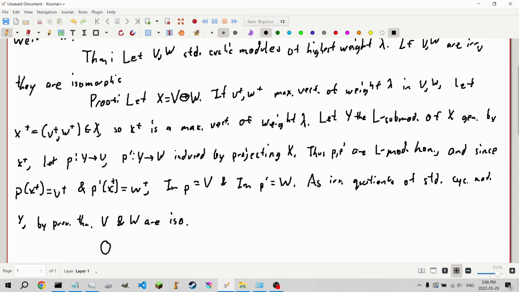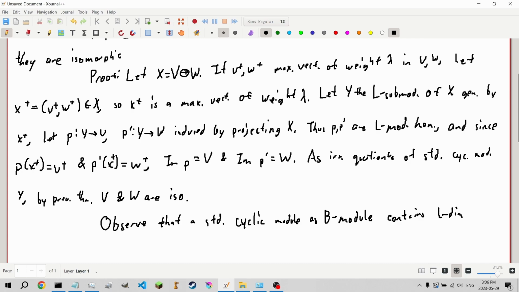So we first observe, this is like some setup for it, motivation I guess, that a standard cyclic module has a B module, B being I believe the Borel subalgebra, contains a one-dimensional submodule spanned by a given maximal vector.